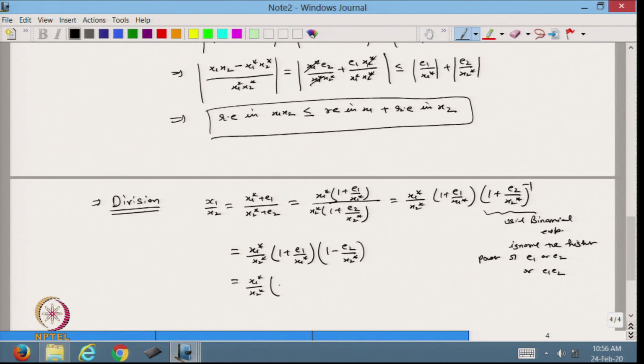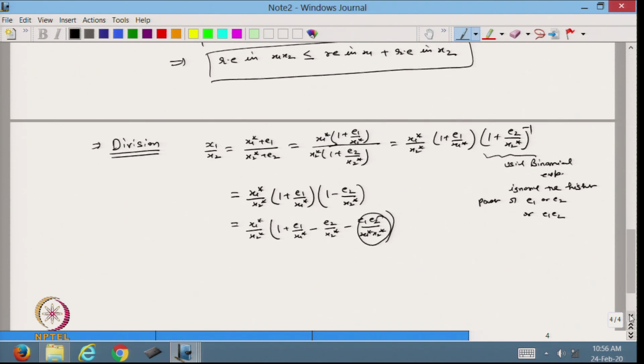So, this will be 1 plus E1 by x1 star minus E2 by x2 star, and then minus E1 E2 over x1 star x2 star. So, this one I can ignore because it gives the value of E1 E2, which becomes a very small quantity.